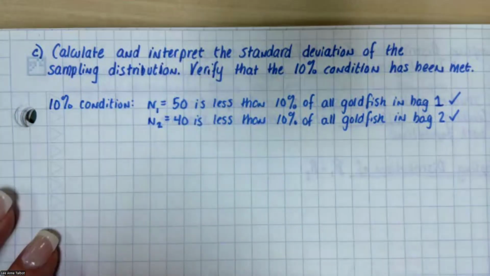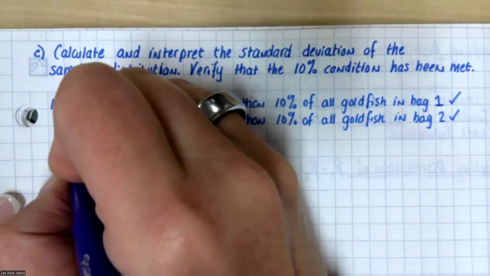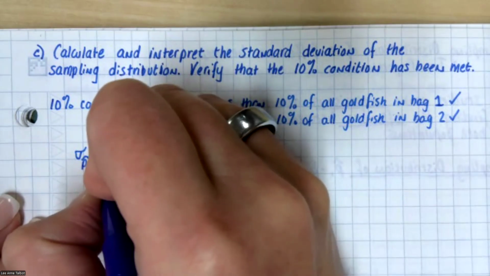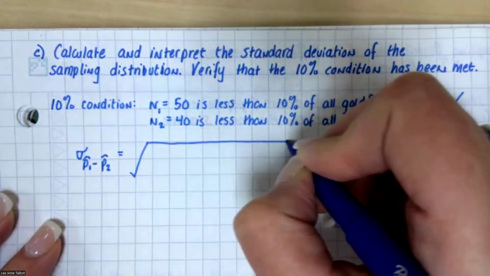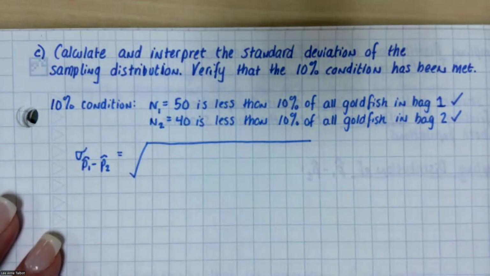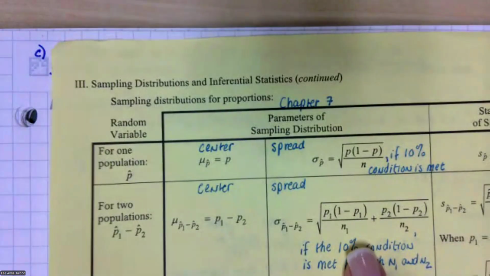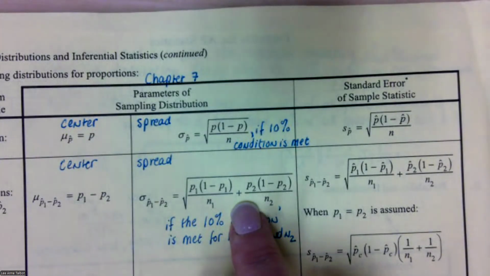All right. Now we get to do the standard deviation. Oh, fun. Okay, so remember your formulas right here. And it looks just like the formula from last night. It's just that you have to add it together underneath.